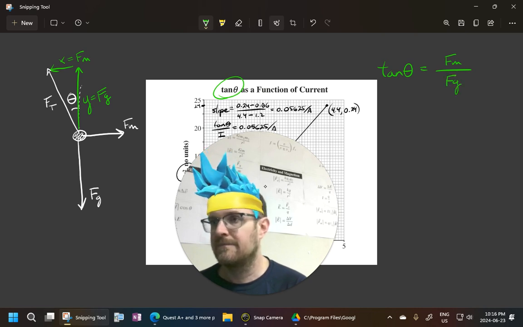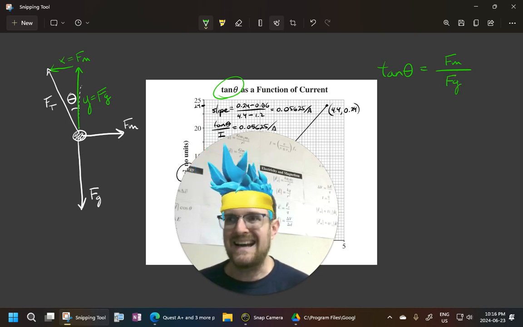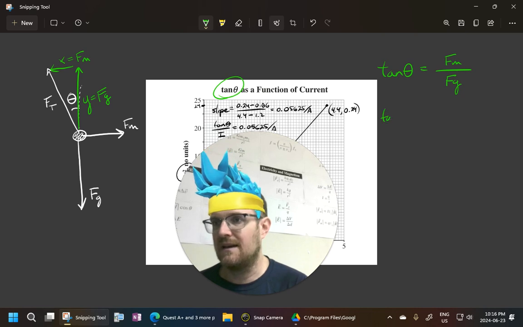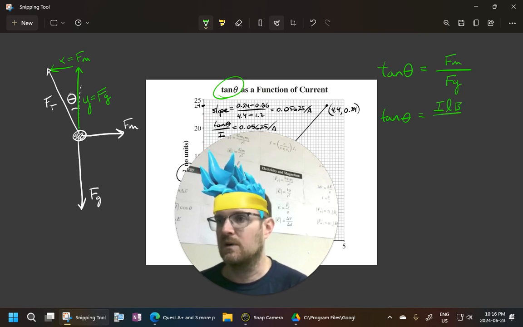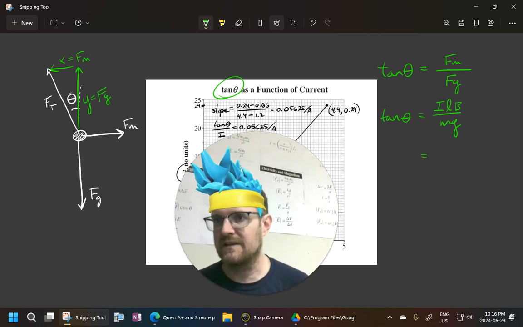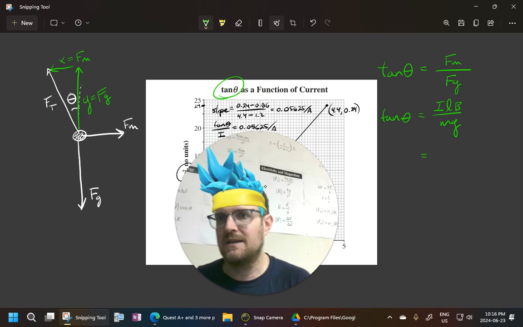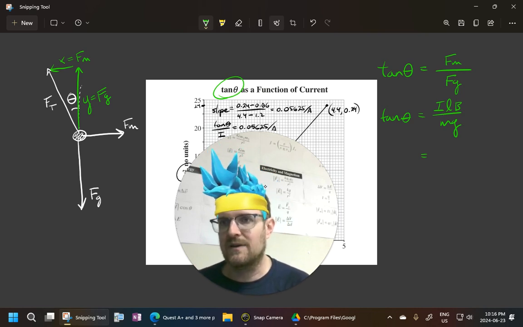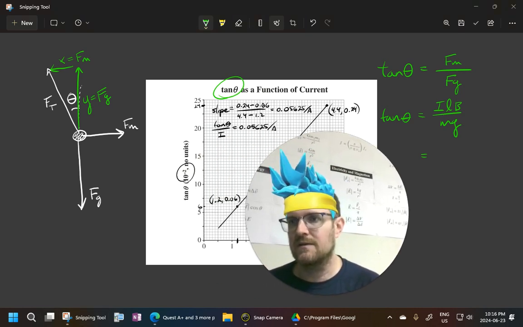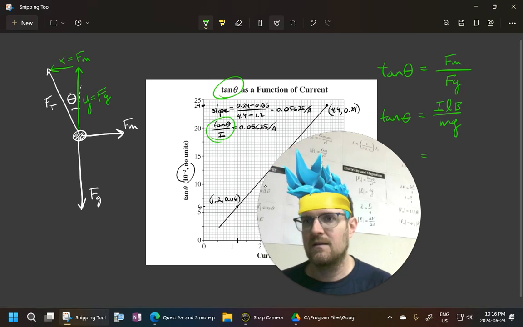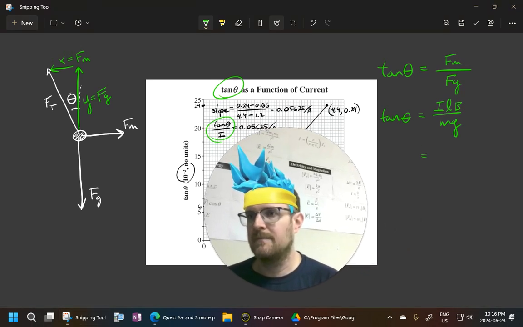All right? And because I don't see the I in there yet, for tan theta I'm going to replace these with my formulas. I've got ILB here for my magnetic force, and I've got the force of gravity. Now I usually teach this a little bit differently, like make it y equals mx plus b, but I've got this tan over I right here. This is what I'm looking for. I'm looking for tan over I, right?